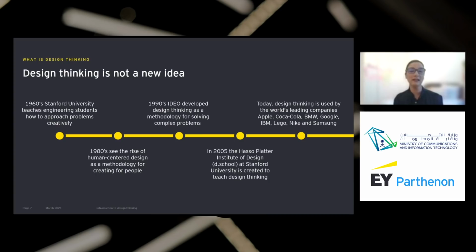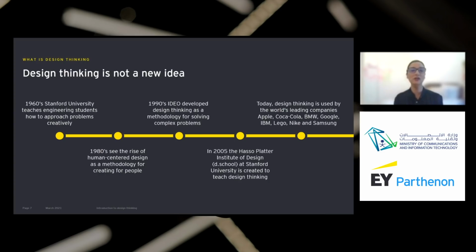By the 1990s, a very famous design agency called IDEO was developing design thinking as their main methodology for solving very complex problems. And in 2005, the Hasso Plattner Institute of Design at Stanford University, otherwise known as the D School, was created to start teaching design thinking.